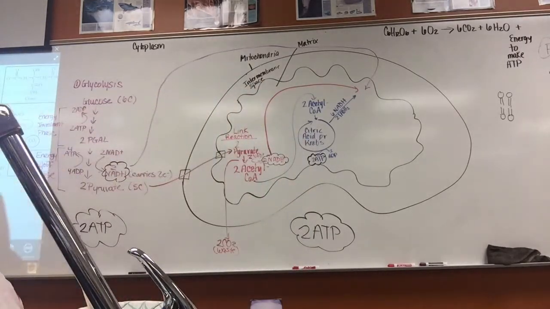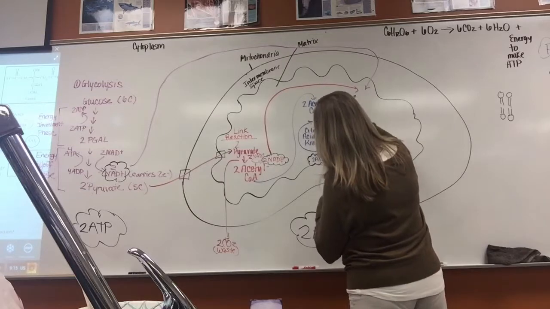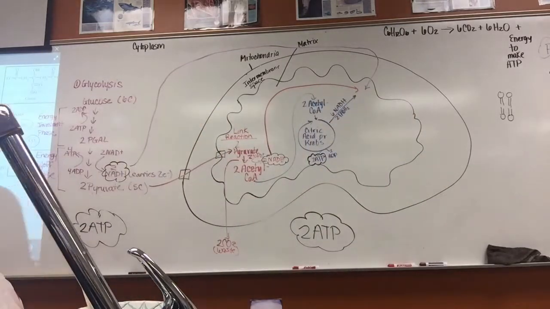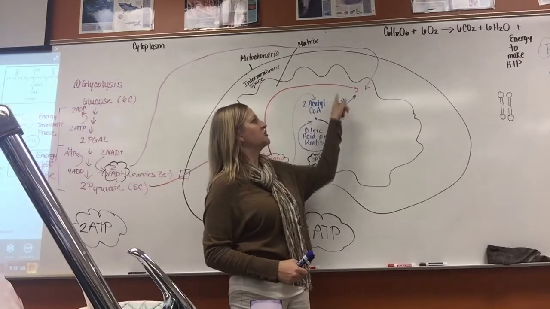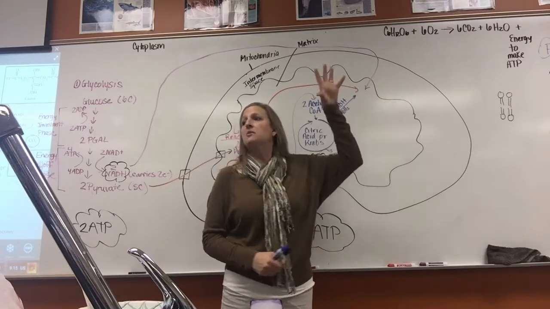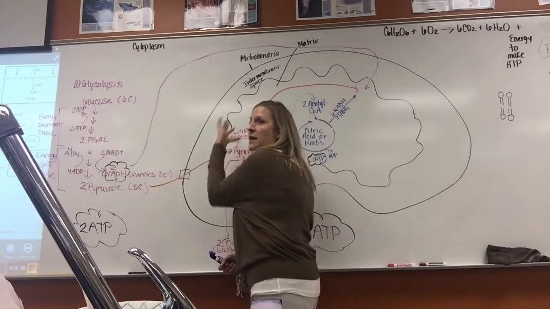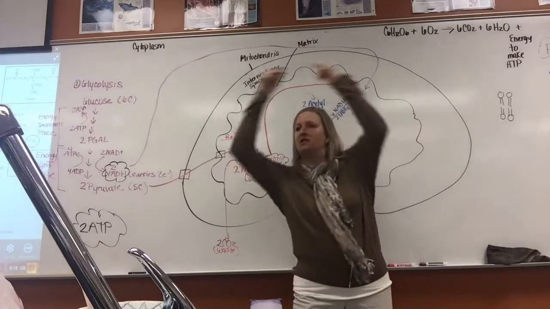So the NAD plus, I can draw it in here. Do you want me to draw in the 6 NAD pluses, or are you just asking in general where they come from? They're always recycled. When the NADHs get over here and drop off their electrons, they become NAD plus again, and then the NAD plus can come over here and become NADH, drop off its electrons, become NAD plus, and so they're cycled around and around.